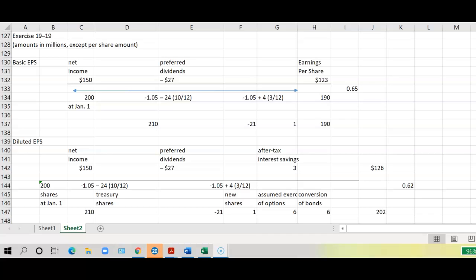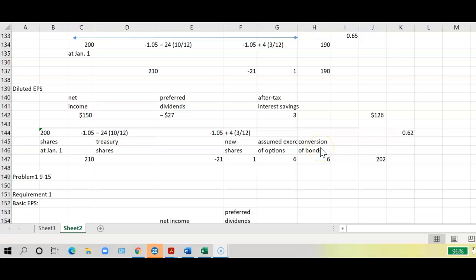During 2021, the market price of the common stock averaged $70 per share. In 2017, $50 million of 8% bonds convertible into 6 million shares were issued at face value. Now, the basic earnings per share is exactly like the basic earnings per share in exercise 19-17.